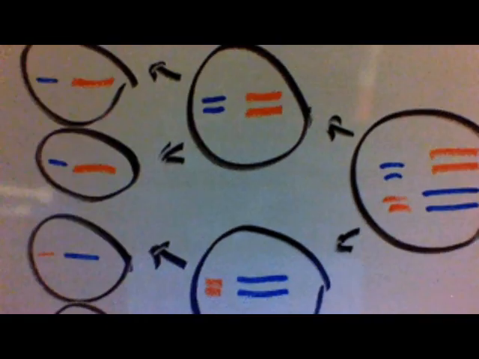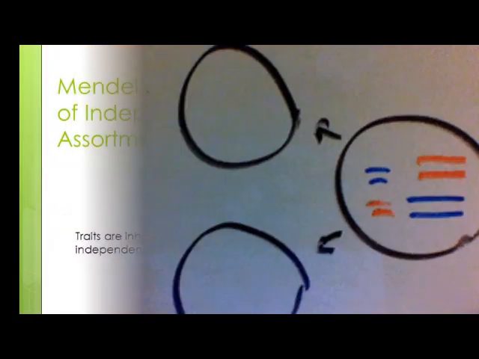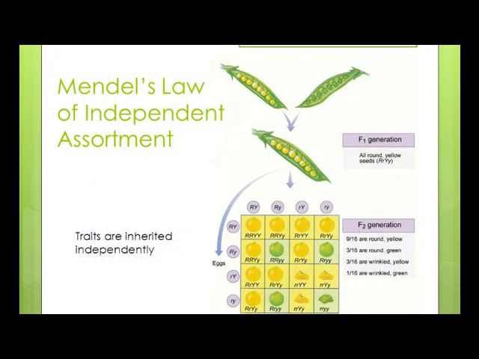This is called the law of independent assortment, which means that while producing different traits, they are not dependent on each other. They are completely independent. So this is called the law of independent assortment.